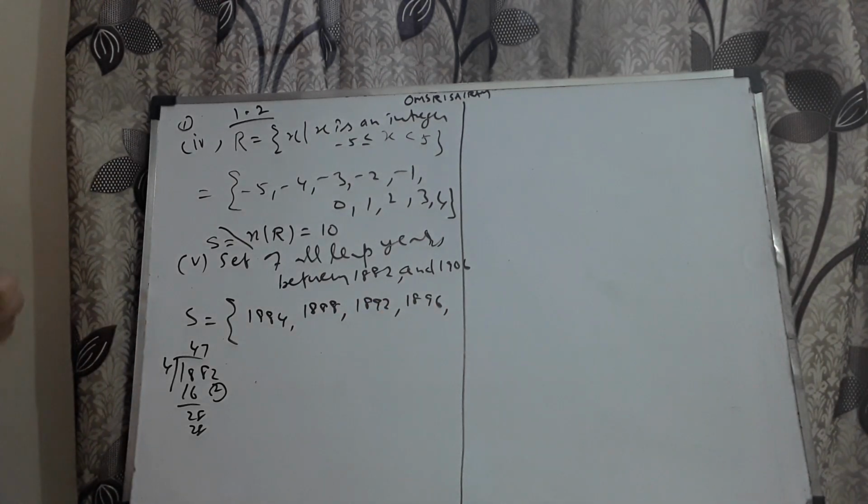But 1900 shouldn't be there, because even though it is divisible by 4, it is not divisible by 400. Therefore 1900 is not a leap year.